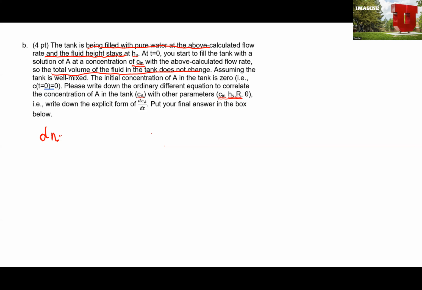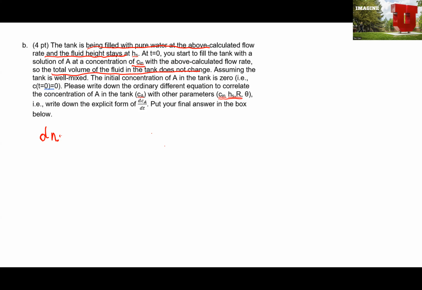Okay. Now, the problem asks us to write down the explicit form of dCa/dt with other parameters C, H, R, theta, right? So dCa/dt needs to be a function of C, H, R, and theta. So we have to get rid of V, get rid of V in, and get rid of V out.